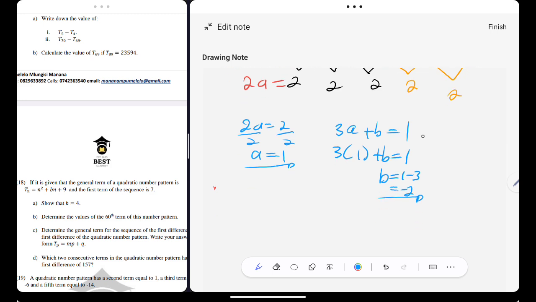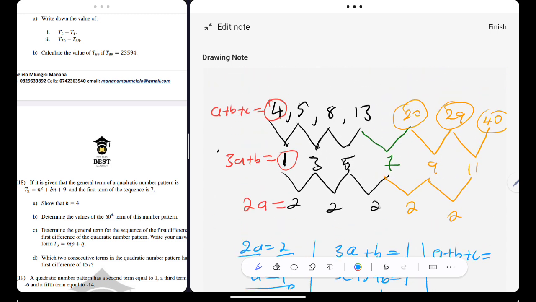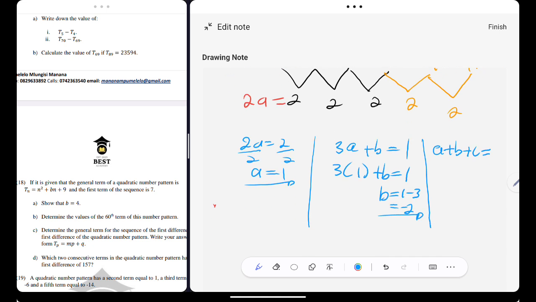Now I know the values of a and b, and I must only find c. I know that a plus b plus c should be equal to the first term of the sequence, which is 4. A is 1, b is negative 2, and c is equal to 4. So negative 1 plus c is equal to 4. Therefore c is 4 plus 1, which is equal to 5.